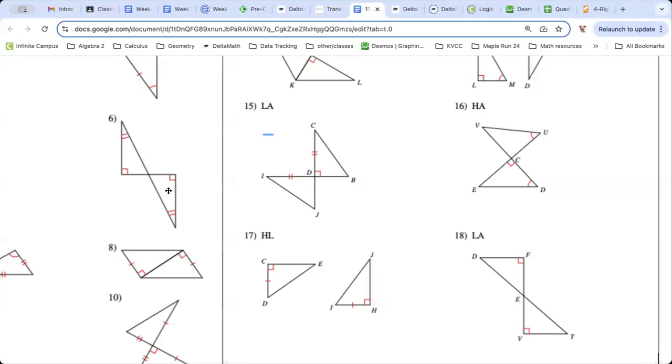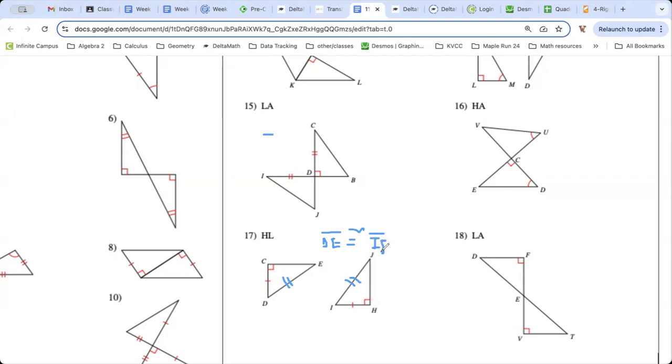So all you had to state is that the hypotenuses are congruent, right? That's pretty easy. So you just had to say the hypotenuse DE is congruent to the hypotenuse IJ, okay?